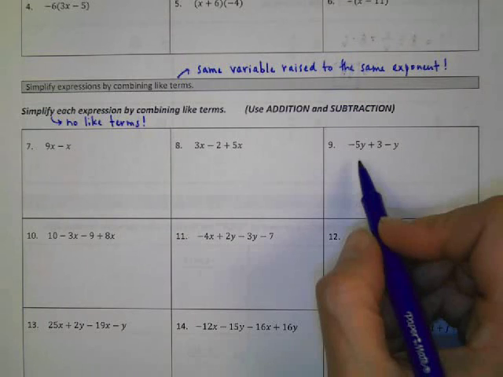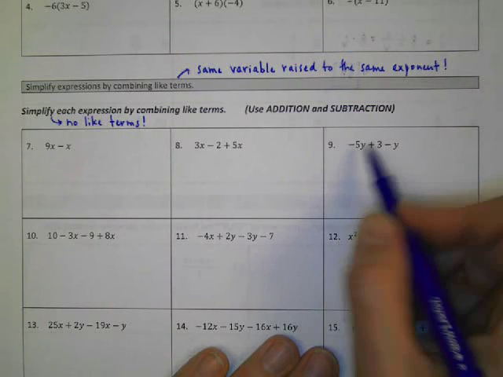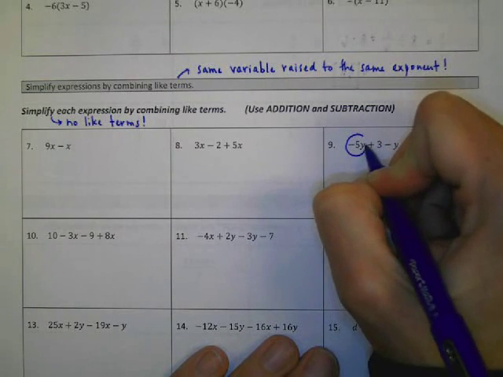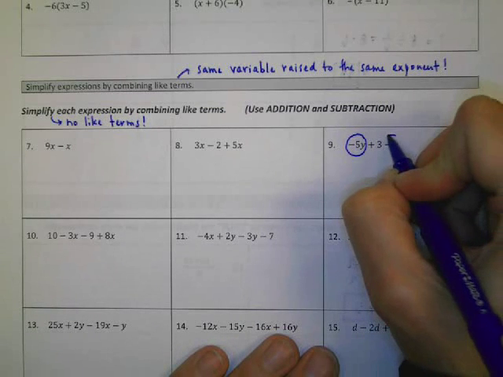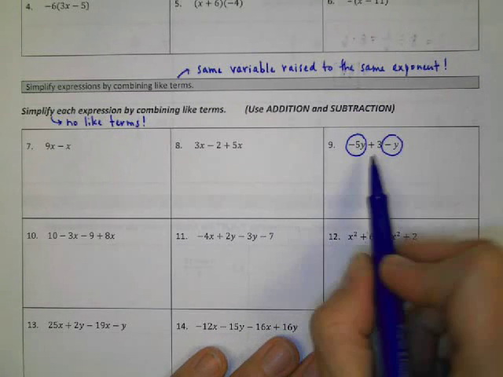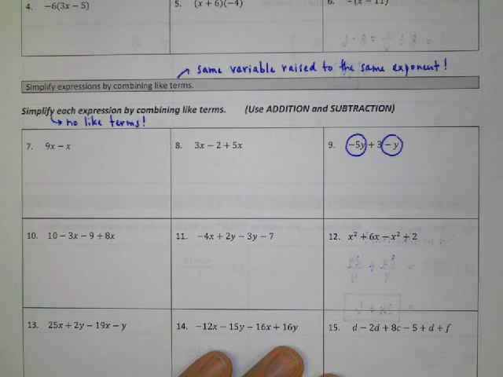So if I'm looking at number 9, I notice that this term, negative 5y, has a y, and so does this term, negative y. So I have two like terms and then a loner term, which I know I'll account for in a minute. So now I'm going to be really careful here.